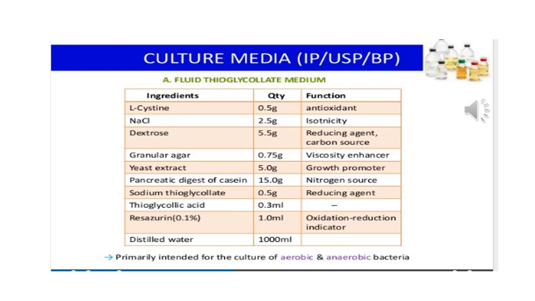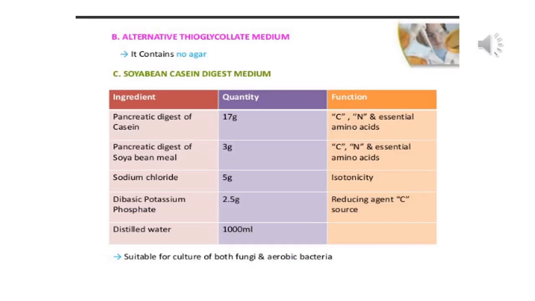So this particular medium is primarily used if you are expecting that the contaminant in your product is aerobic and anaerobic bacteria. So I repeat, fluid thioglycolate medium will be used for aerobic and anaerobic bacteria.